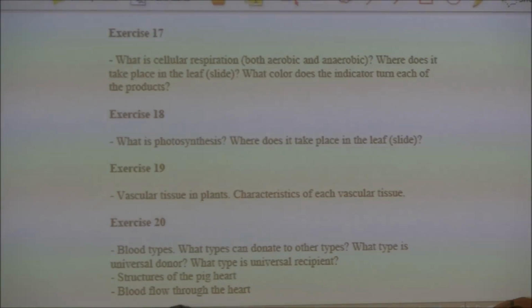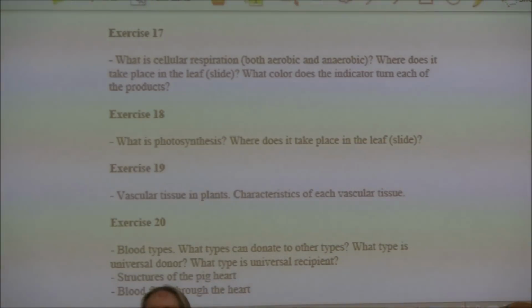Okay? Where does it take place in the leaf? So where does aerobic cellular respiration take place? Mesophyll. The mesophyll. So remember, relate this back to the slide of the leaf and remember what the mesophyll was.